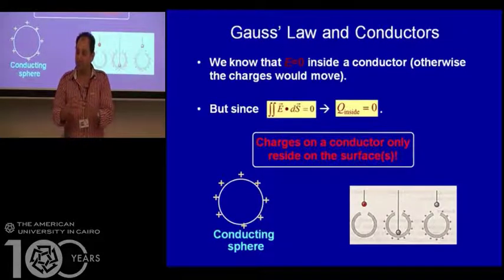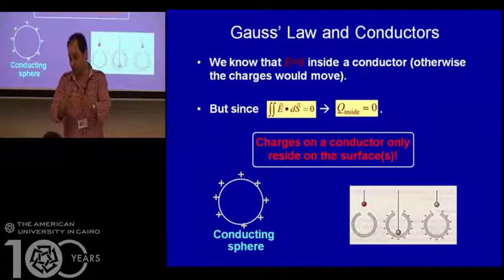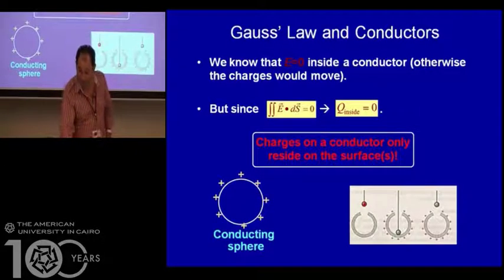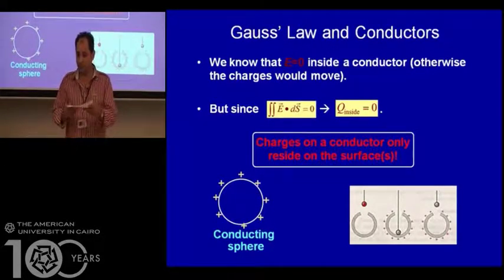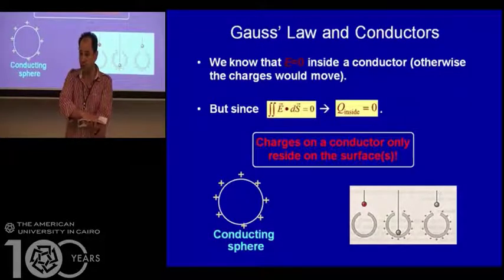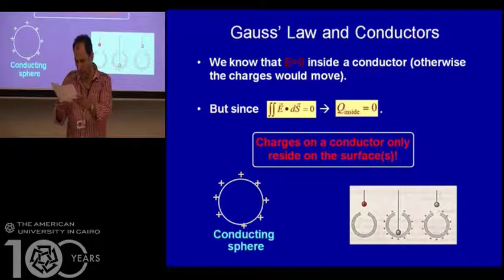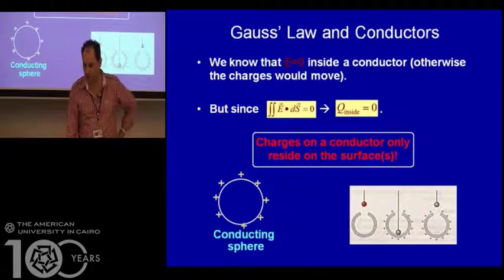Any shape that has a spherical shape, then you can choose Gauss's surface around it as a sphere. Planar symmetry, then you can choose a cube. So if we have a plane that has a charge, I can choose either a cylinder or a cube to be my Gauss surface, and we'll study that part on Monday.